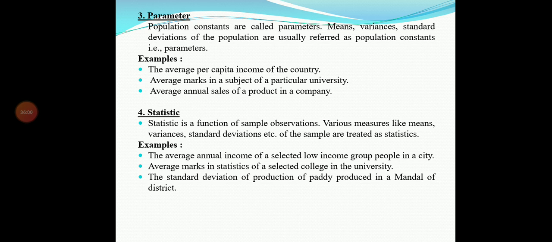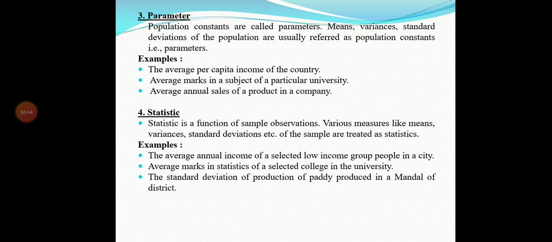So the standard deviation of the production of paddy produced in a mandal is a statistic. If you refer to the district as the population, the standard deviation of the production of paddy in the district is a parameter. If you consider the district as a statistic, then the state Andhra Pradesh, for example, is treated as the population. So it is a comparison.